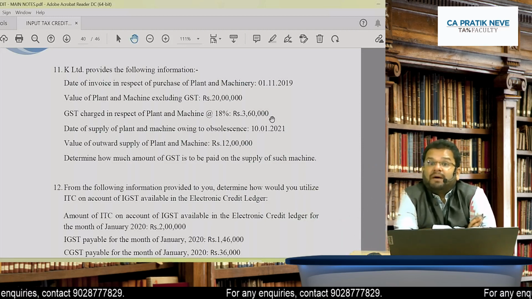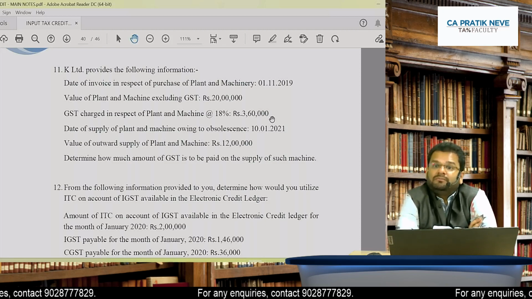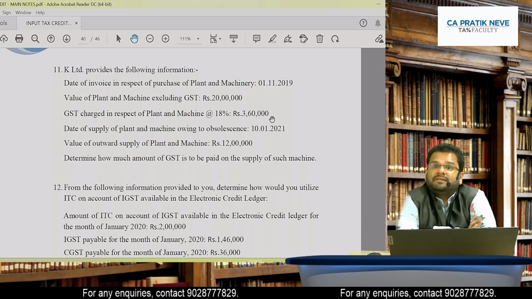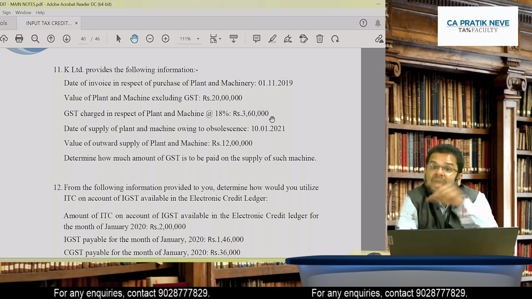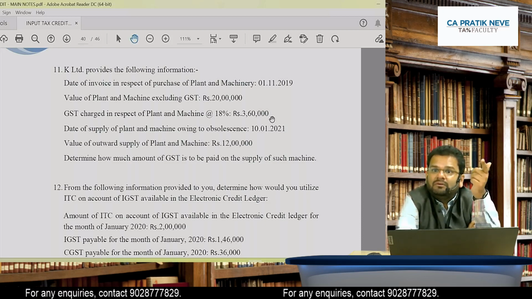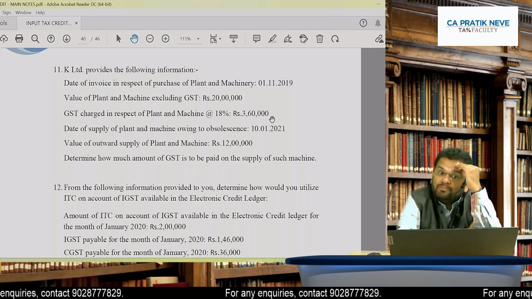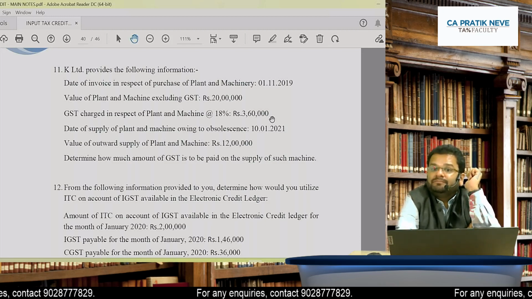You have to make smart use. Smart use means what? Did I tell you that ITC of IGST will first be used to pay output tax of IGST and then the balance in any order, any proportion? Did I say equally? No. So important is any order, any proportion.